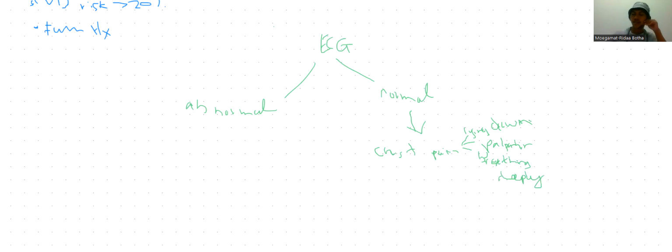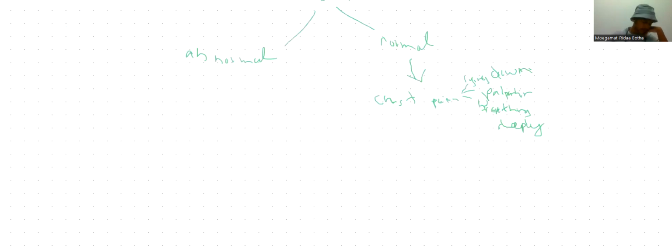Okay, so is the chest pain worse when lying down? Is the chest pain worse on palpation or breathing deeply?